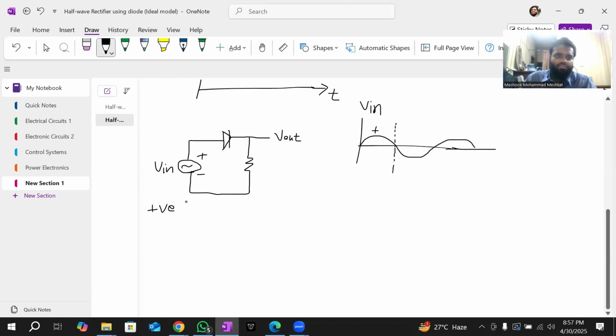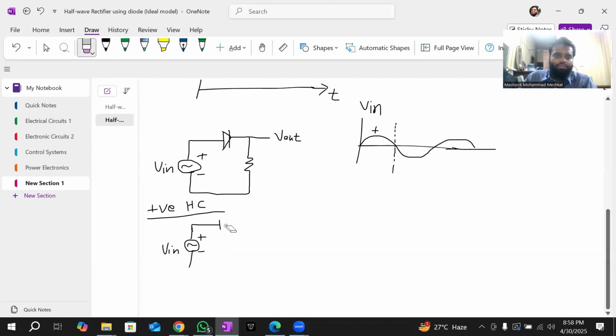When it is in positive half cycle, what happens actually? You can see my voltage is actually higher over here, right? The potential is higher here and lower over here.